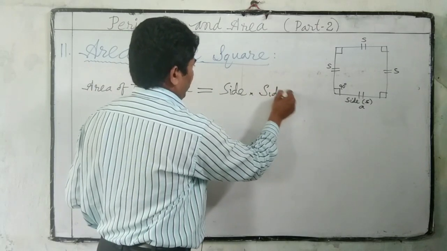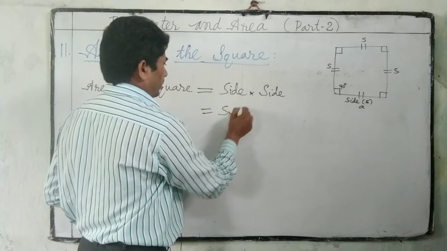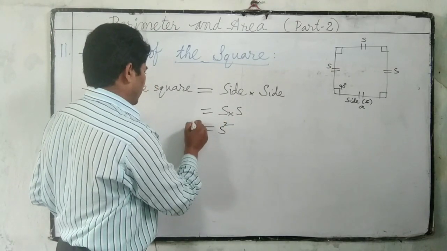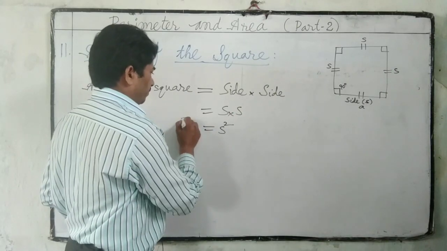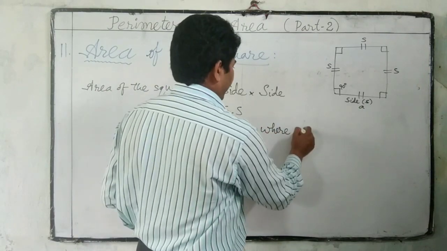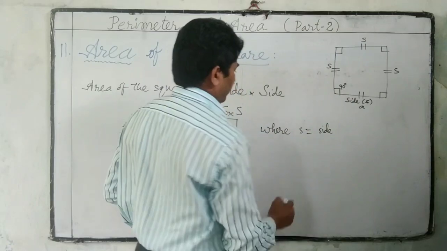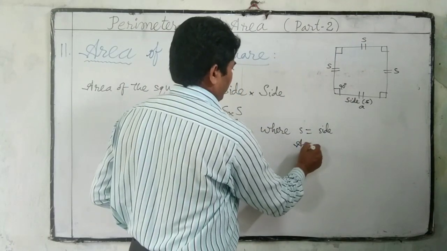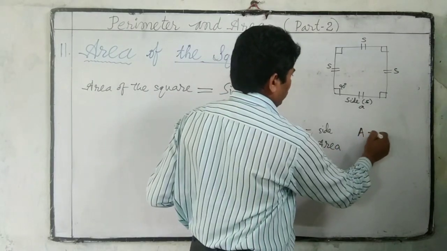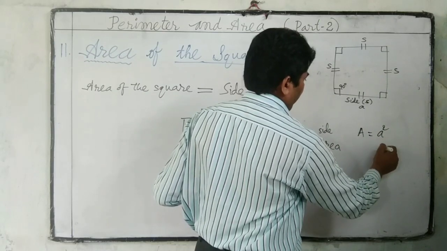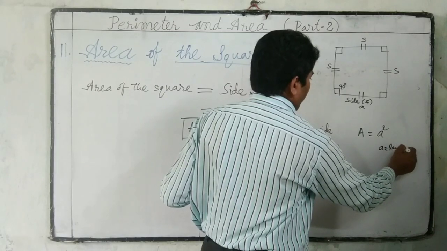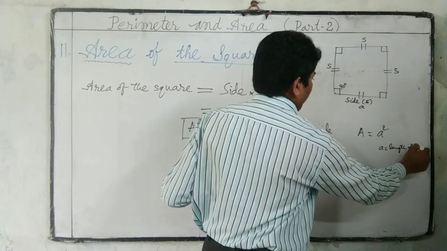Side into side means S into S. S into S means S square. This is the area of square, where here S is equal to side, A is area, and also we can write A is equal to a square. Here a is length of any side.